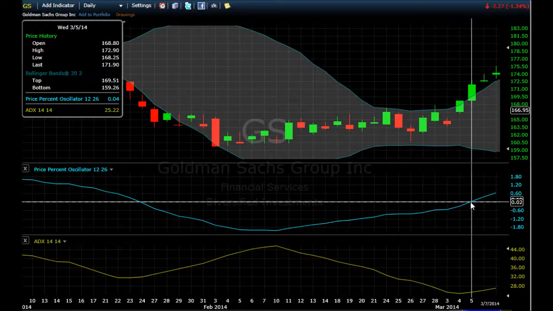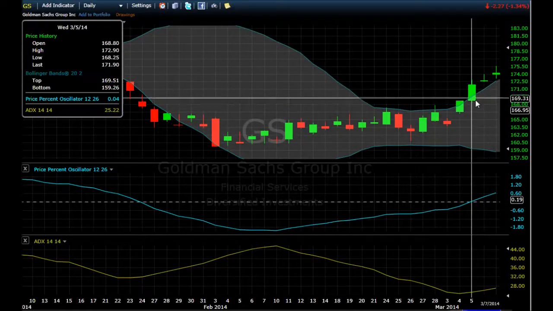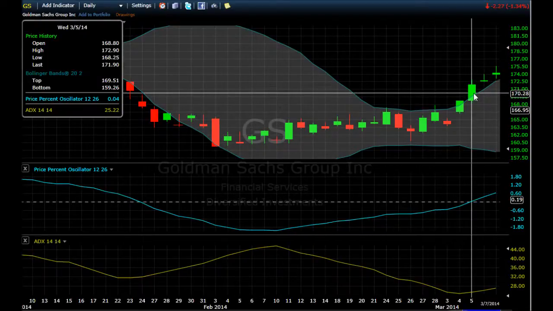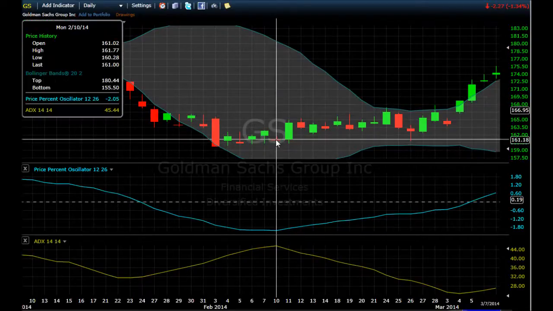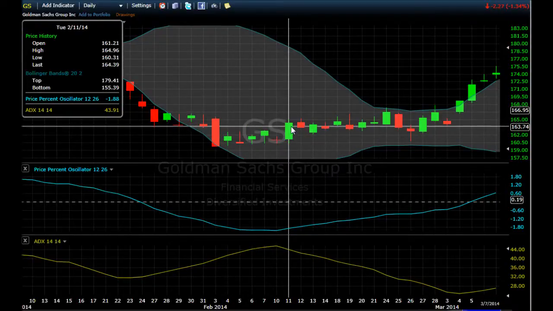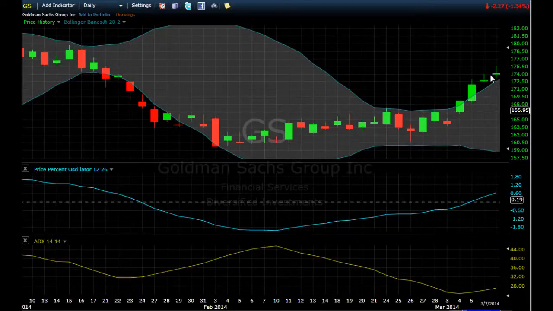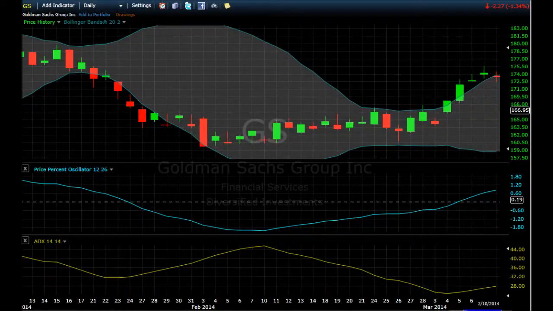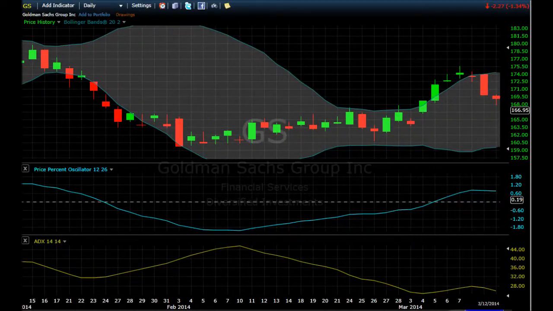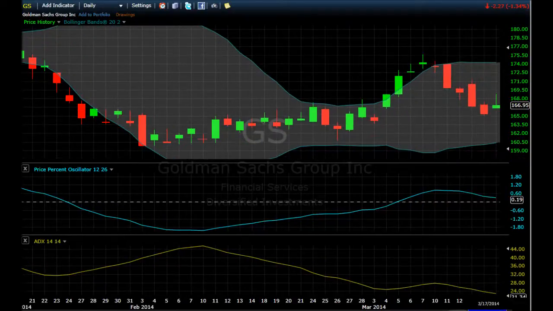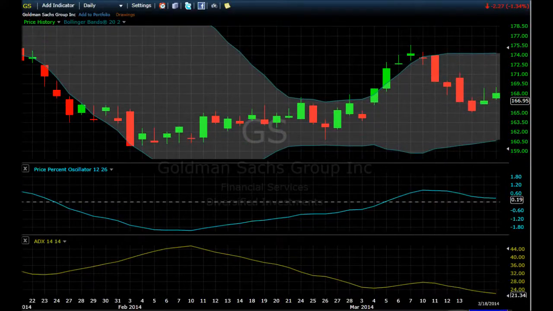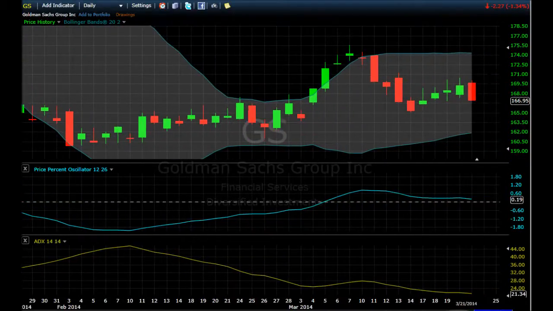You would have bought around 160, maybe 163 if you missed it. And again, once you go beyond the value of zero, you may want to again close out your position, because this is a perfect example where it could easily reverse. So that's another example of when the indicators are indicating a reversal.